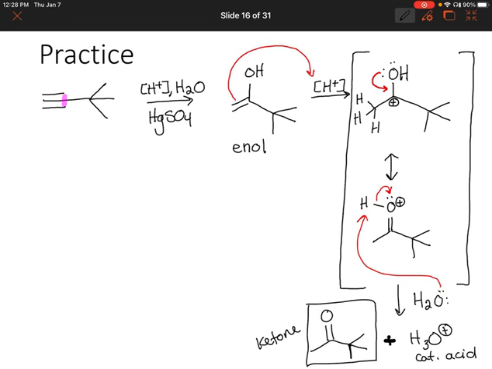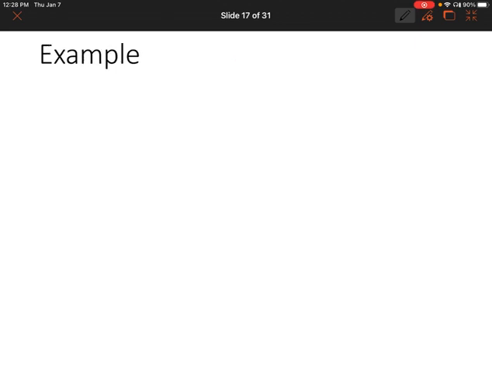Okay, let's do a couple more. Now, for these two practice problems, you don't have to draw the mechanism, just draw what the final product would be. Now, if you want to use a scratch piece of paper to go through the mechanism, you can. I'm just going to draw the final products once we have everything listed here.